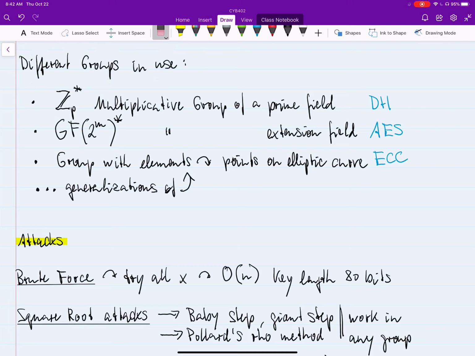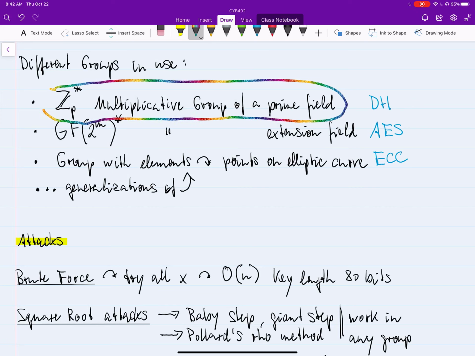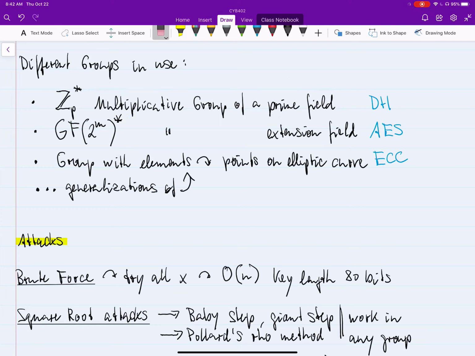Lately we looked into Z P star under multiplication, which is actually a prime field. We use that for Diffie-Hellman. Remember that we used a different field, an extension field, Galois fields actually. We use those fields in AES.